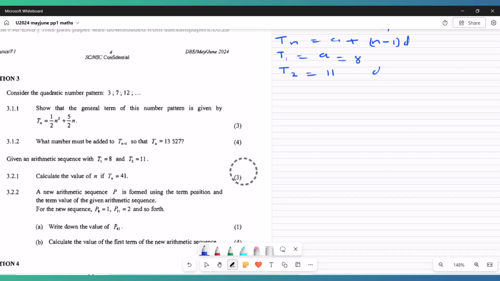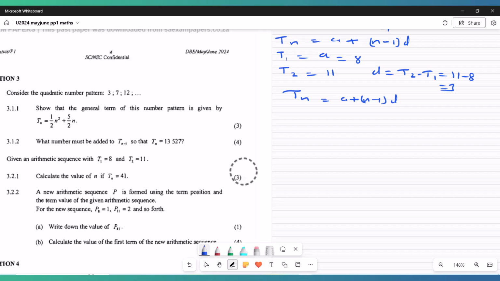So my d is given by t2 minus t1. What's 11 minus 8? It gives me 3. So my tn is given by a plus n minus 1 times d with arithmetic, and then they said I must equate it to 41 to get my value of n.